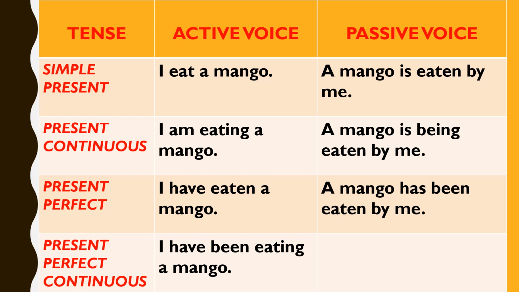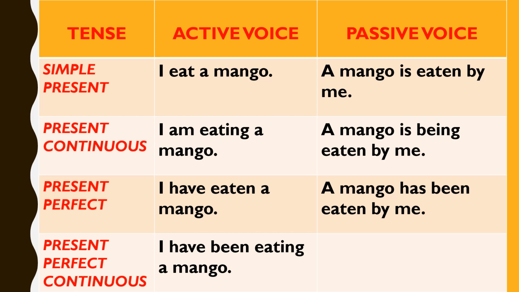So what's the subject over here? In the first sentence it is I. So I is the subject. Eat is the verb, so it is showing the action. And then the effect of this is on the object, that is a mango. So if you observe here, it is in singular form, right? Number is singular. So let's see how it is going to change.